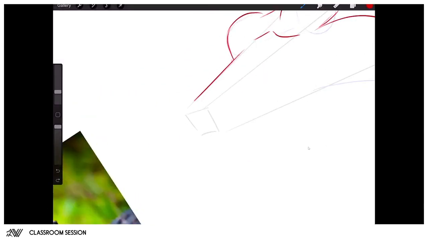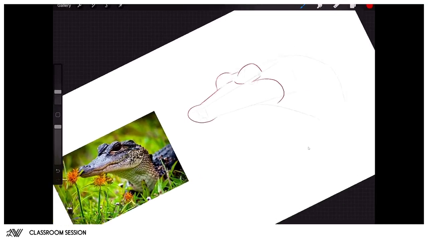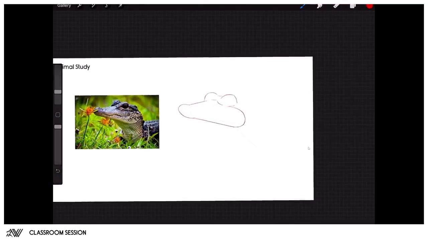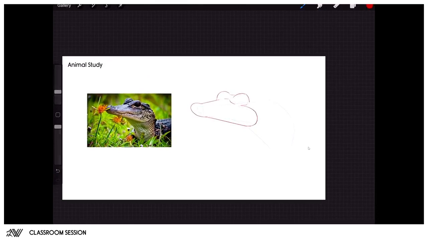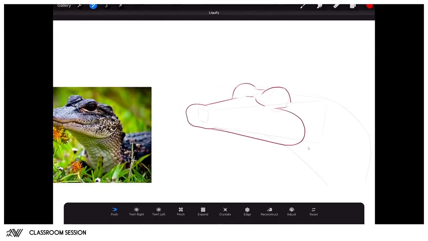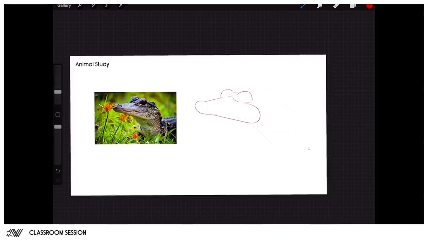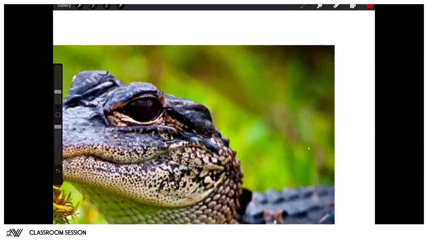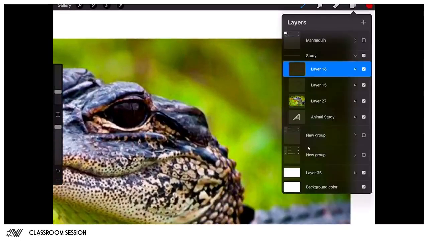And so this comes down to that contour manipulation that I've been talking about. Right. Something like this. Maybe a little bit more. Like that.